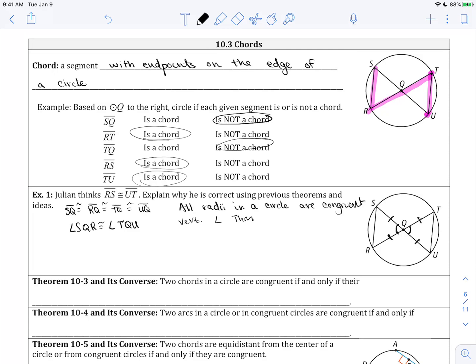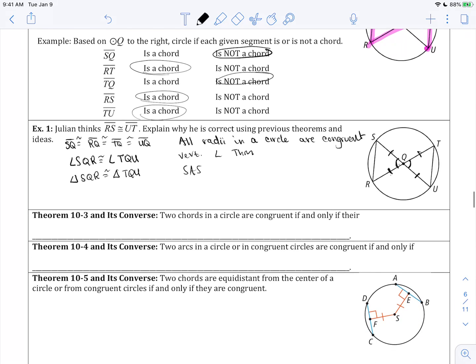Okay, well now we have side, angle, side, so we have enough to say these triangles are congruent. So triangle SQR is congruent to triangle TQU by side, angle, side, right? And then now that we've proven the triangles are congruent, we can say RS is congruent to UT by CPCTC. Cool. So Julian was correct there, okay?